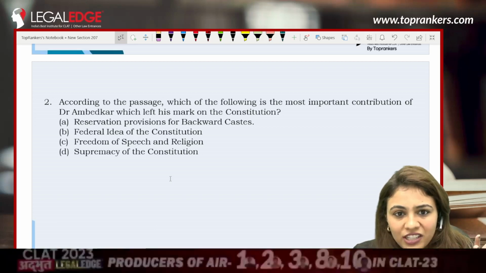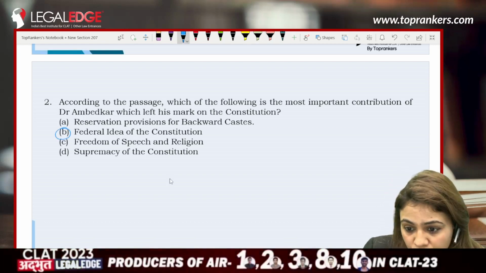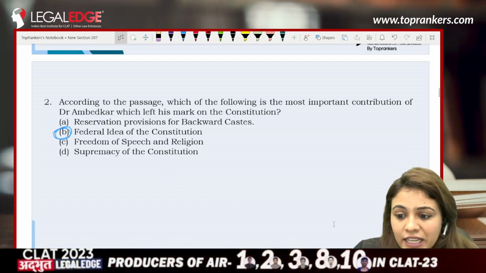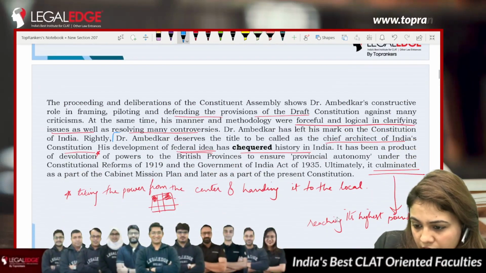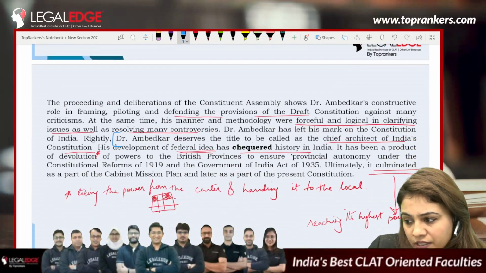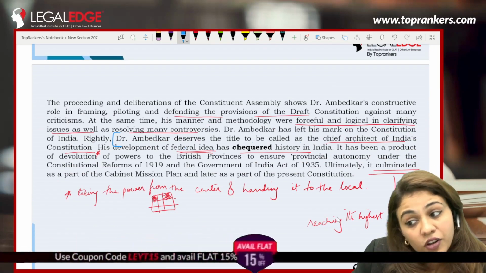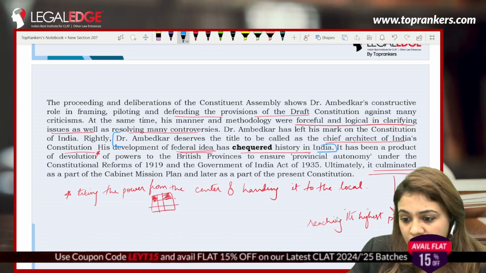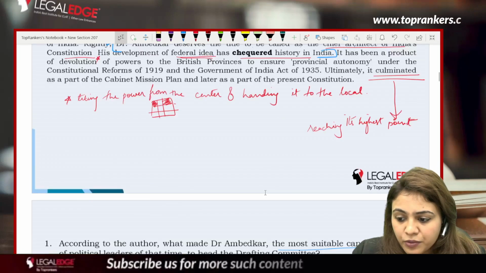We were just solely talking about the federal idea of the constitution, which is option B, and you can easily find this answer right here. He deserves the title to be called as the chief architect of India. His development of federal idea of the constitution has checkered history. So this is answer 2. I hope you have found it.